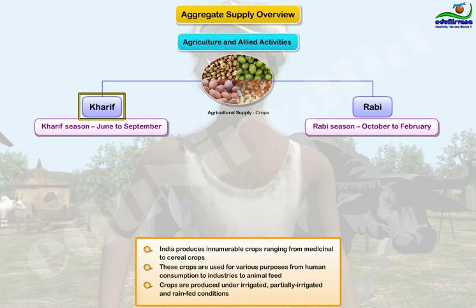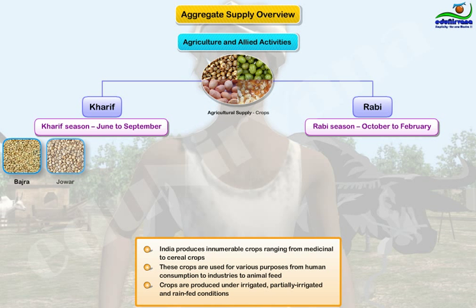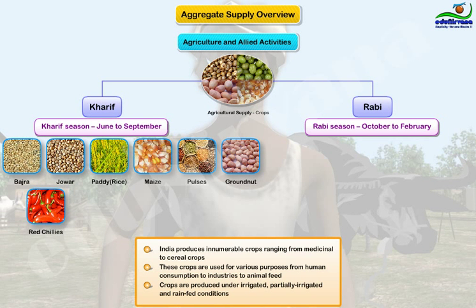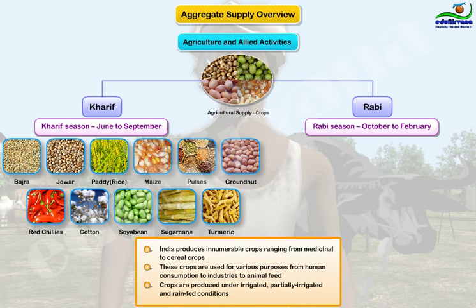During this season, agricultural activities take place both in rain-fed areas and irrigated areas. The chief Kharif crops are bajra and jowar, paddy, that is rice, maize, pulses, groundnut, red chilies, cotton, soya bean, sugarcane, and turmeric.